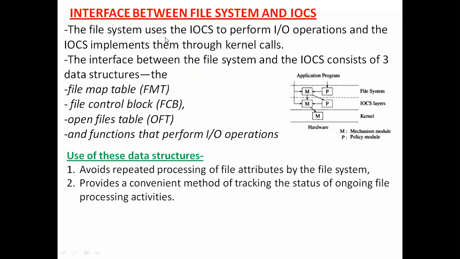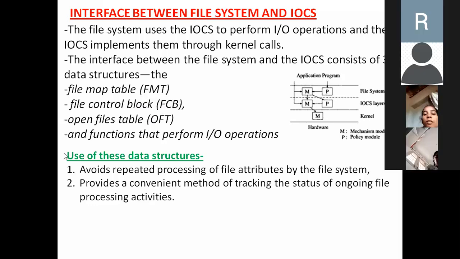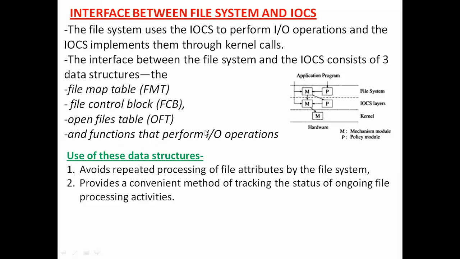The file system uses the IOCS to perform the IO operations, and for the interface between these two entities we need to use three data structures, namely FMT, the file map table, FCB, the file control block, and OFT, the open file table. Along with these three data structures, I may also need some functions that perform the input and output operations.